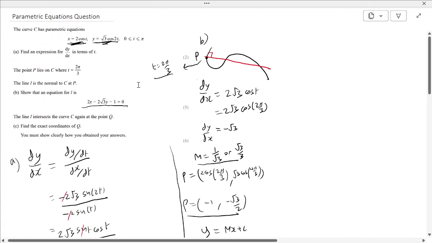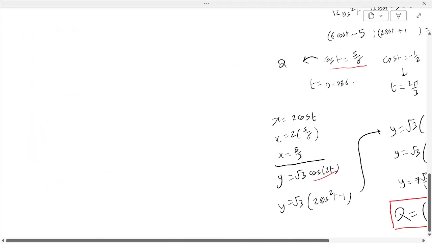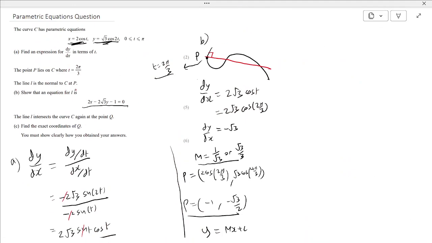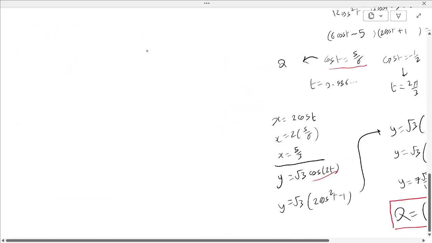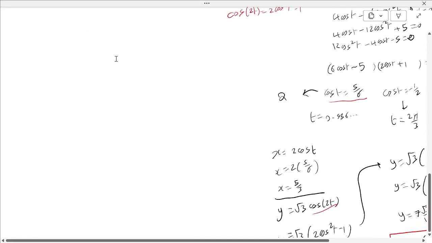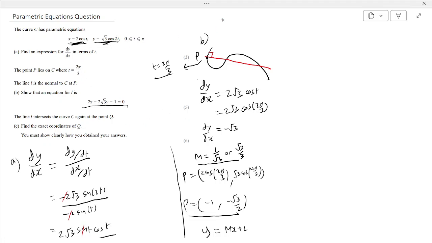So hopefully a question like this is now going to be pretty straightforward. It's a fairly straightforward process of calculating the derivative, and then the normal is just what you do for a normal year 12 question when you find the normal. You find the derivative and you substitute in your values of x and y based on t, and then you go from there.